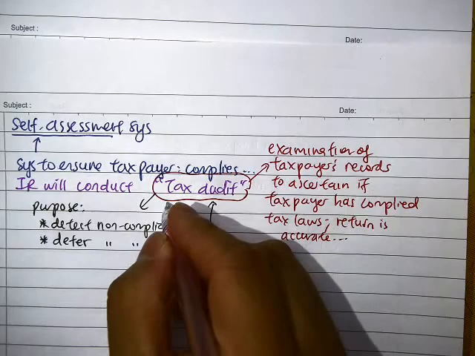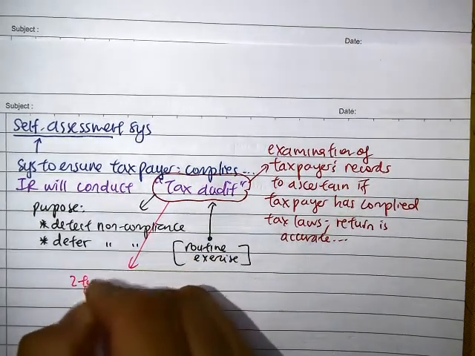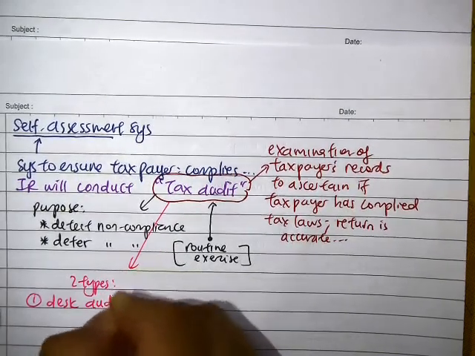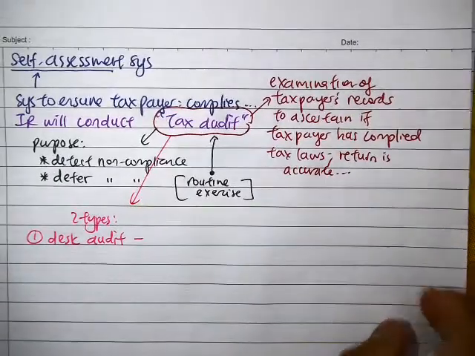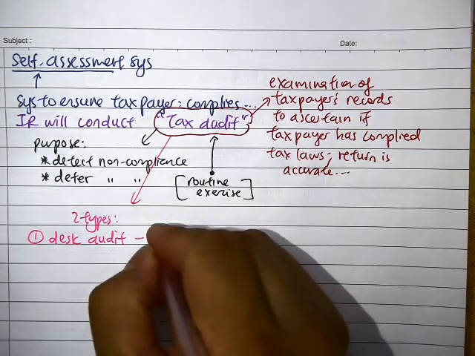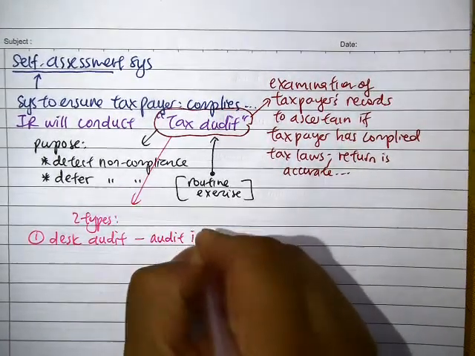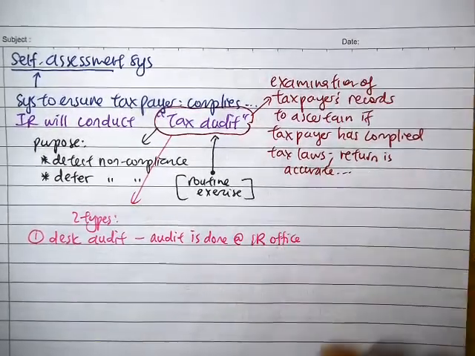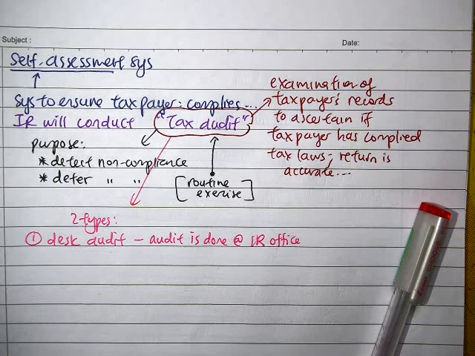Now, there are two types of audit. One is called desk audit. Desk means the audit is done at the Inland Revenue Office.